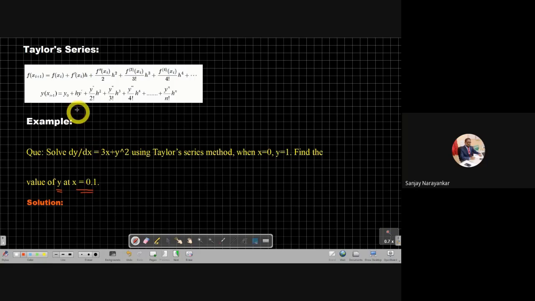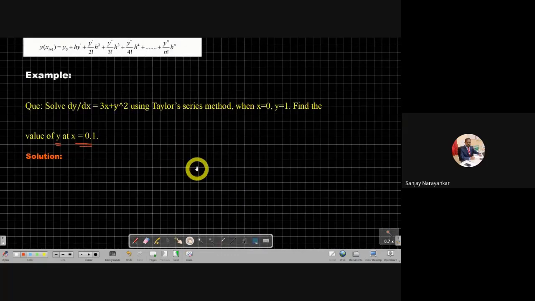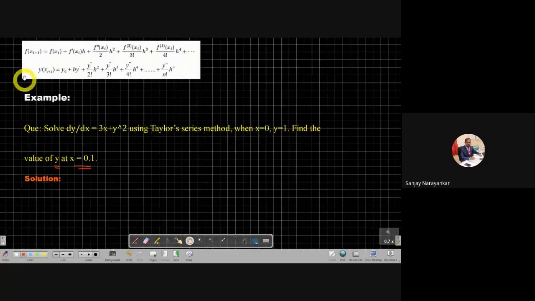Now, if you are looking at this formula, in both ways you can say a function f of x or y0. Both are nothing but the same. F dash x is nothing but y dash into h.